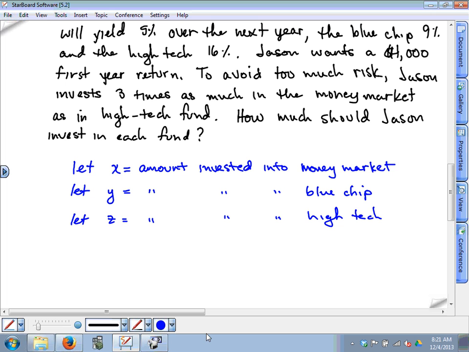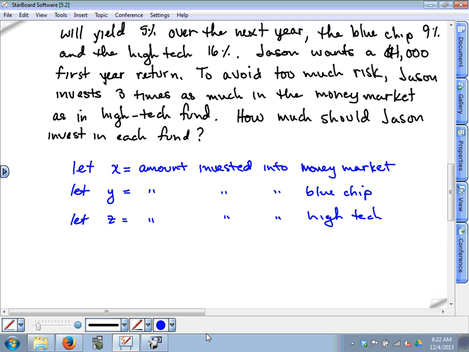So, what do you think? You do x plus y plus z will equal 50,000. Okay, let's talk about it. We had a suggestion here, x plus y plus z equals 50,000.